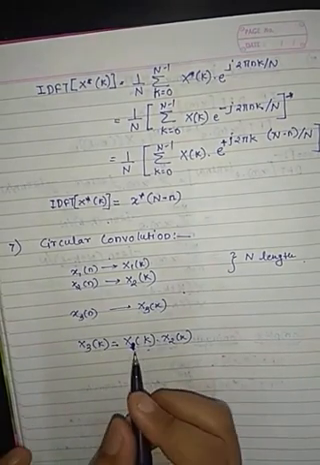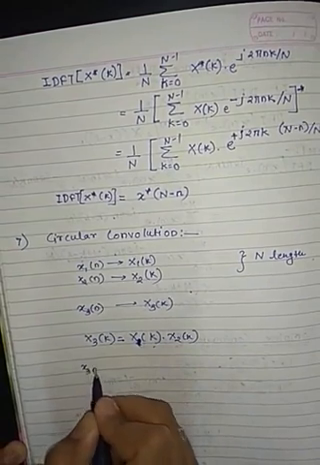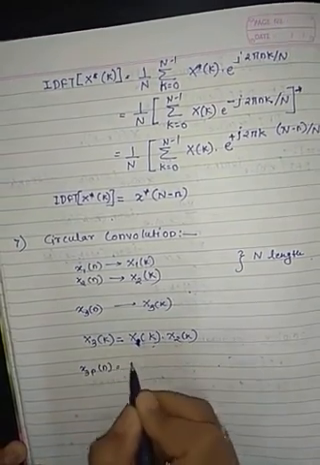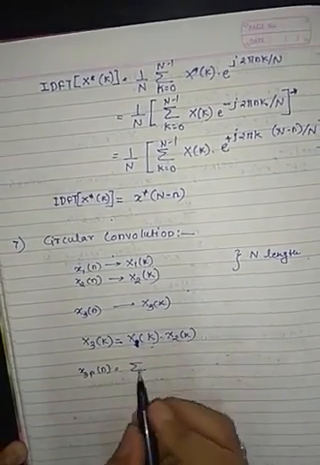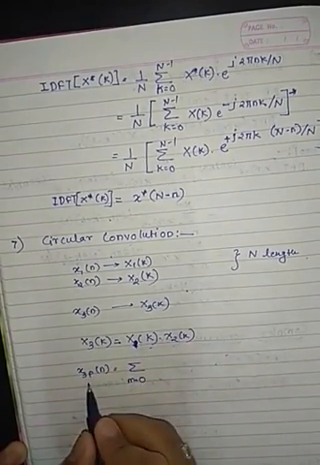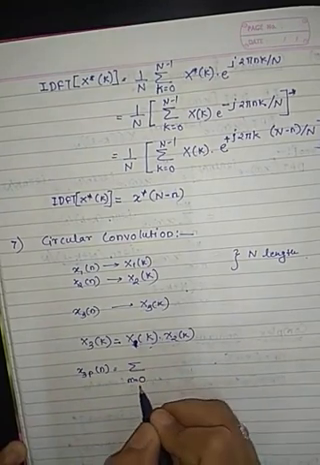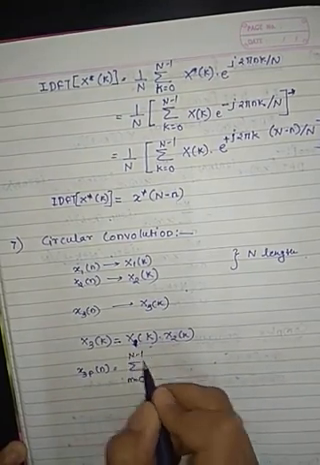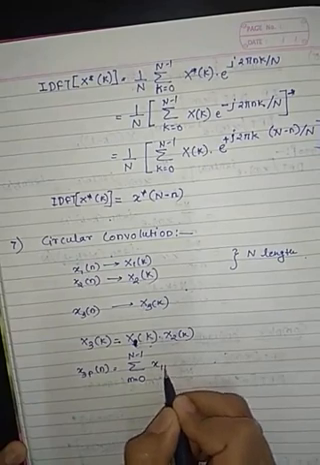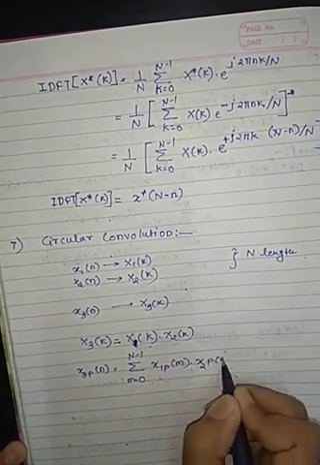Here we know that for the periodic sequence x3p of n, the equation is x3p of n equals the summation from m equals 0 to N minus 1 of x1p of m into x2p of n minus m.